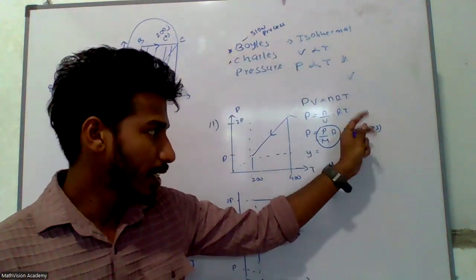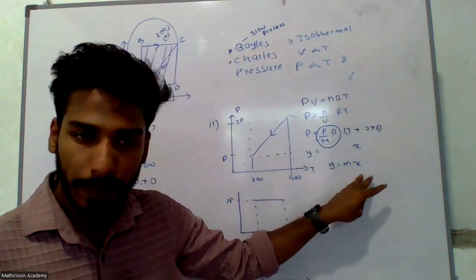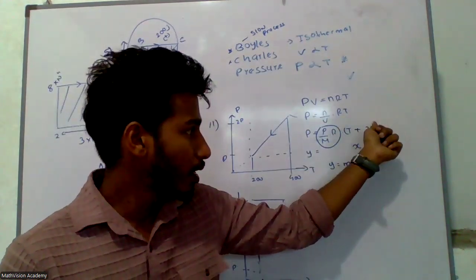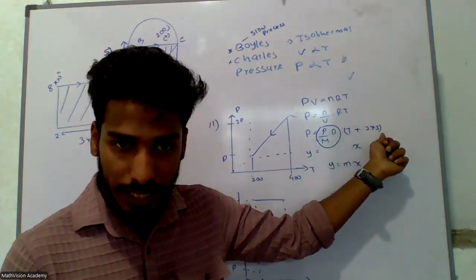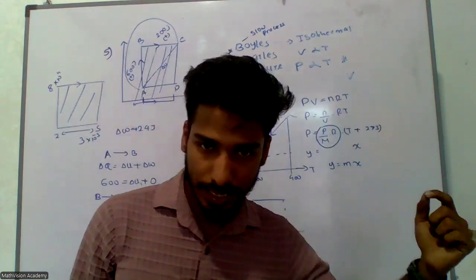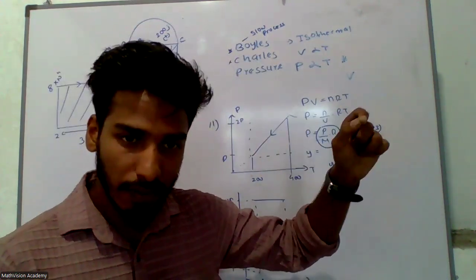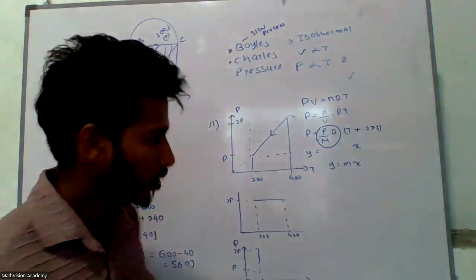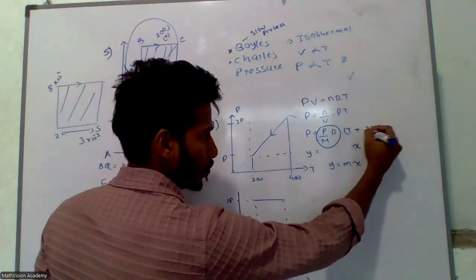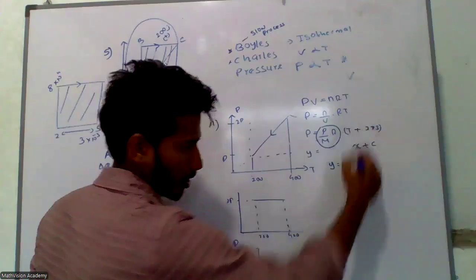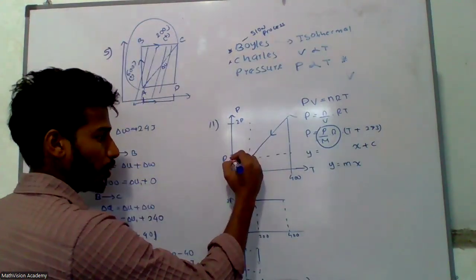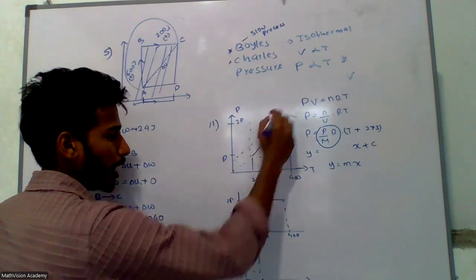If the temperature is in Kelvin, you are having y equal mx format. If the temperature is in Celsius, to make it Kelvin you have to add 273. It is like adding x plus c, another constant. Then you won't get from the origin, you will be having an intercept.